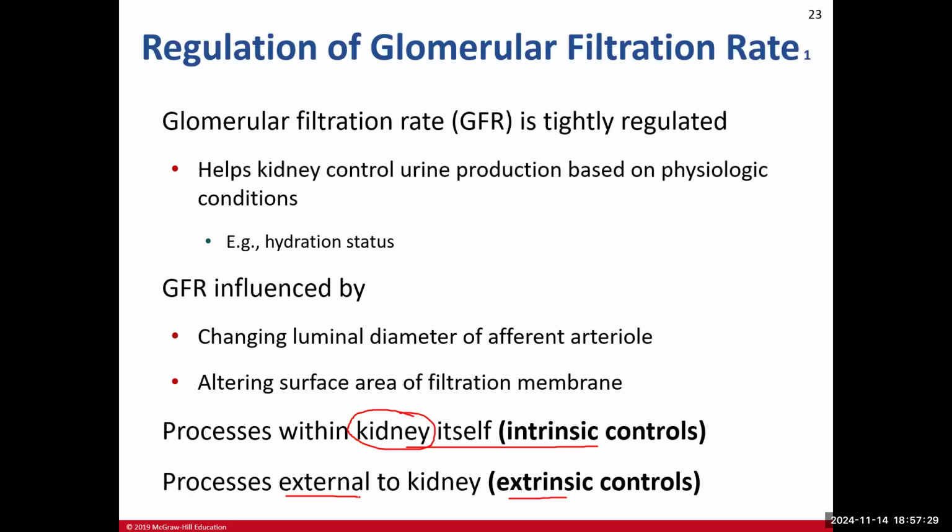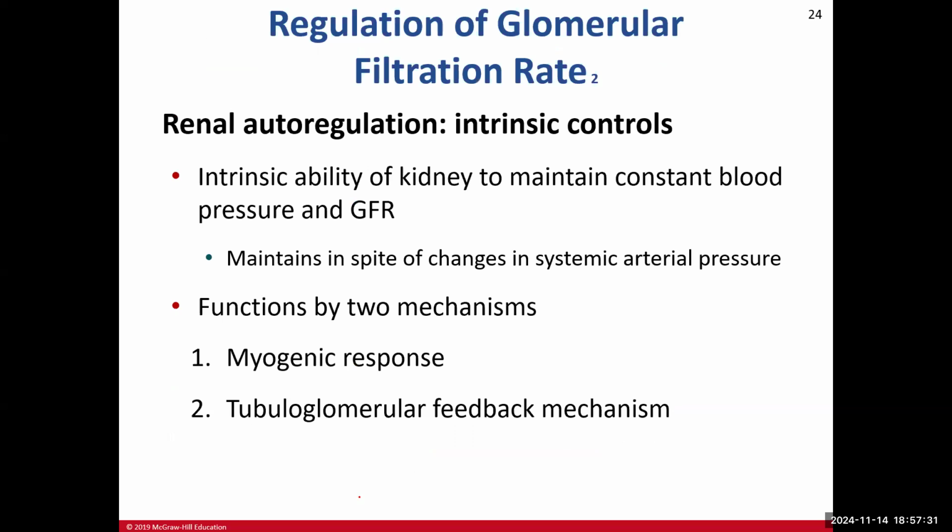Now we're going to see how it specifically is able to do that. So let's start off with the intrinsic controls. For the next few minutes as I talk about this, I want you to keep in the back of your mind that the kidney is always going to want to maintain your glomerular filtration rate at a certain level.